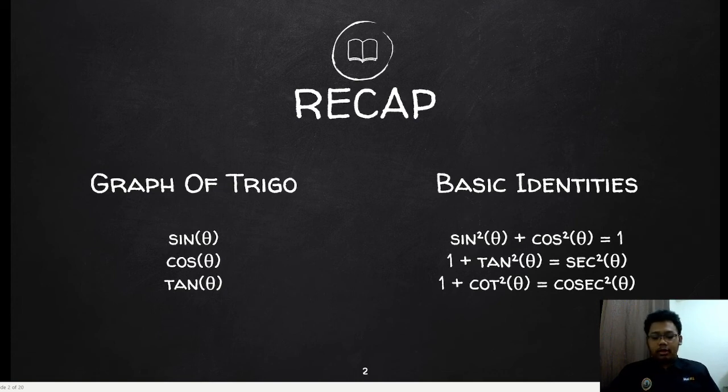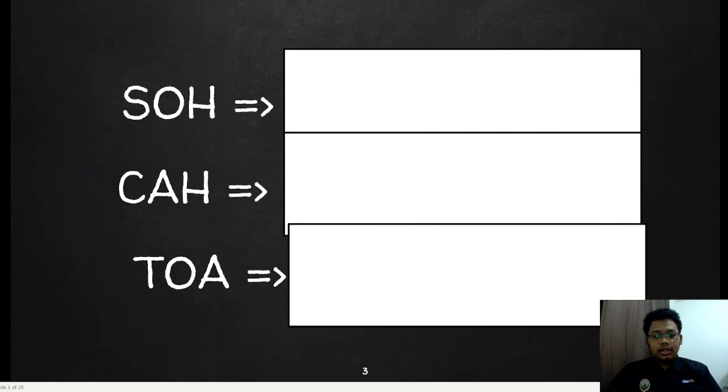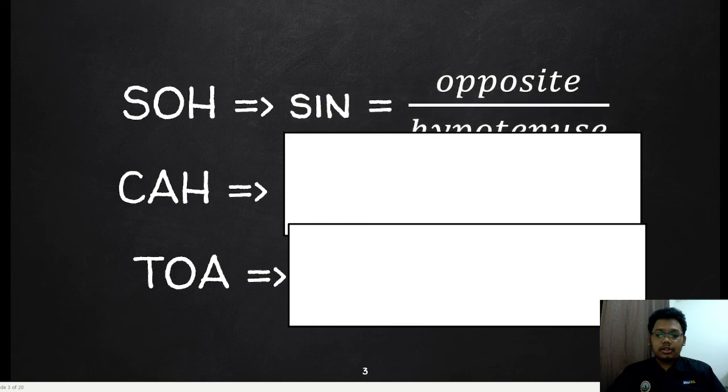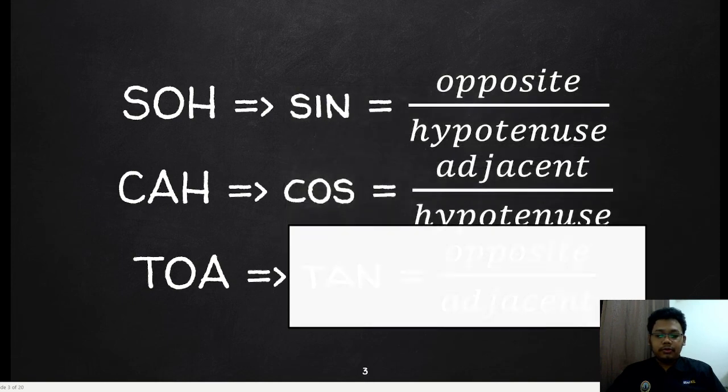So I already showed you in the previous class, and I also taught you how to memorize the SOH, CAH and TOA. So CAH and TOA, I hope you already remember what is SOH.